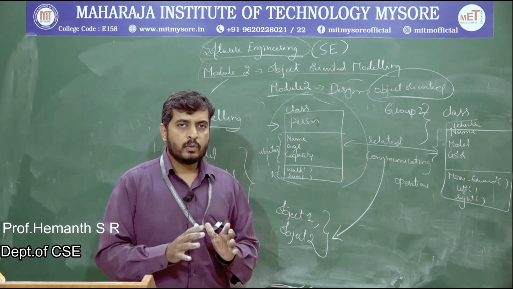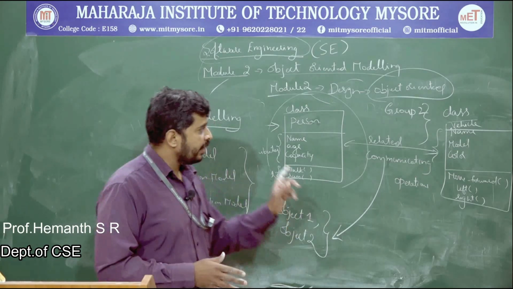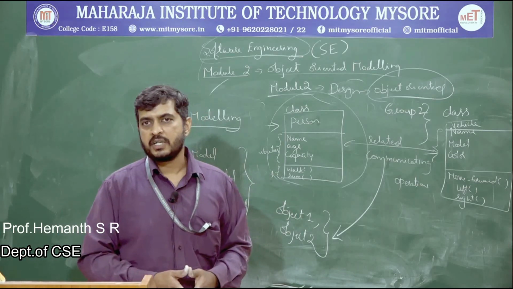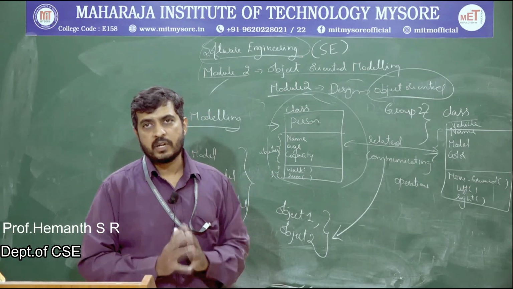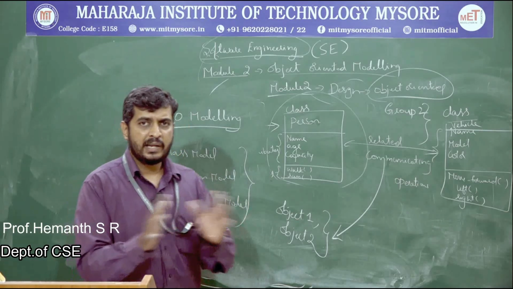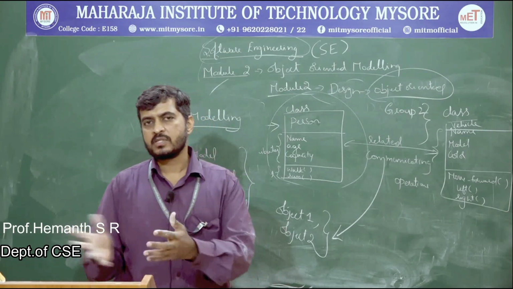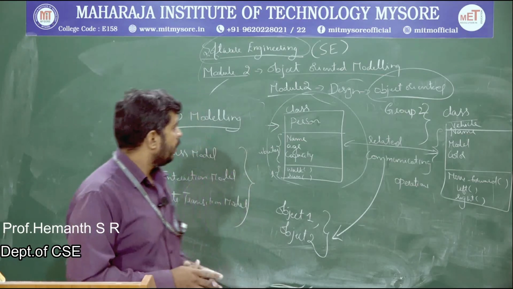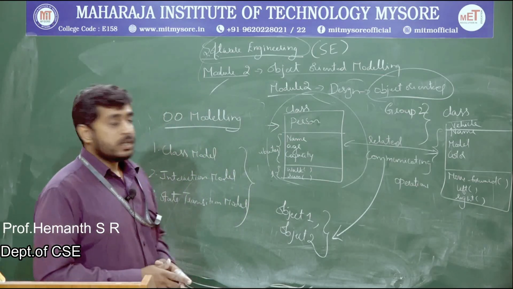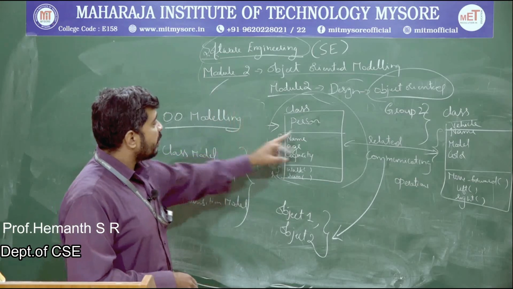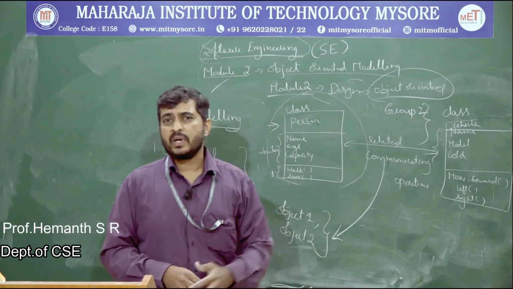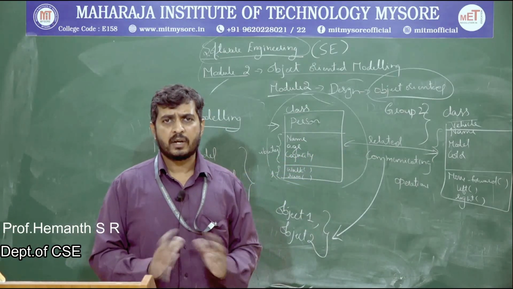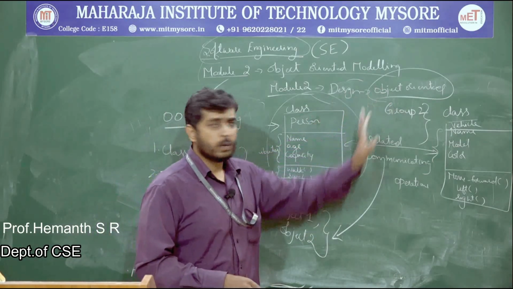Now once you are done with SRS, we directly do not start with coding. We have a very significant stage called design, where we have a detailed planning of how to develop the software or system. We come out with the blueprint. We are not doing the coding here. Also we understood that to come out with a design, one of the best and most popular ways accepted across the globe is object oriented modeling.